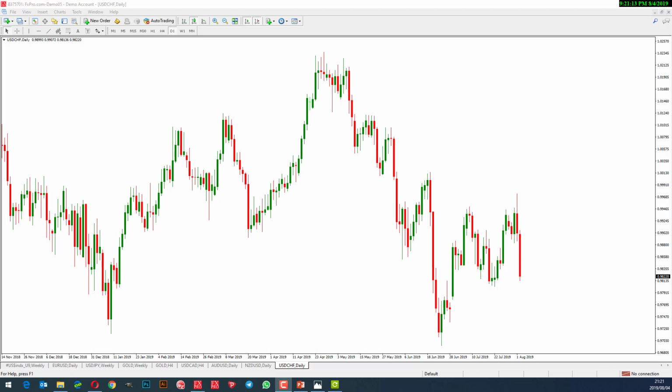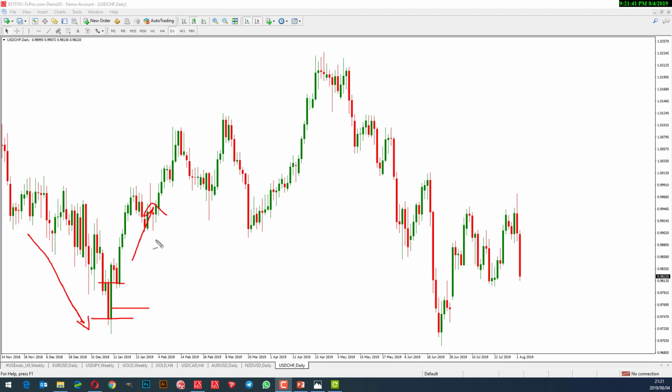You see this candle? That's a bullish engulfing here. These two candles, the green candle engulfed the previous bearish candle when the market was moving to the downside. After that engulfing, you can clearly see the market rallied to the upside. That's a clear bullish engulfing.